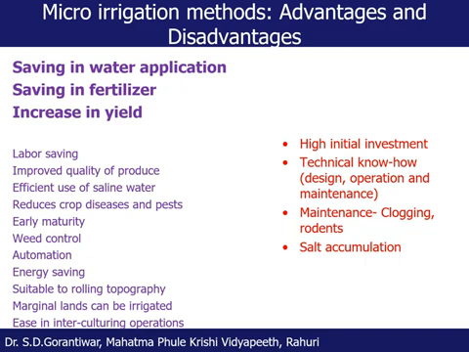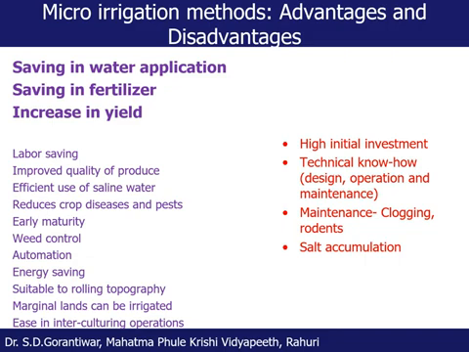Why there is a saving, we have discussed already: we can apply water precisely in the desired quantity directly into the root zone of the crop, and while doing this, we don't apply water in the unwanted area, that is below the root zone, or the area which is not occupied by the root zone.